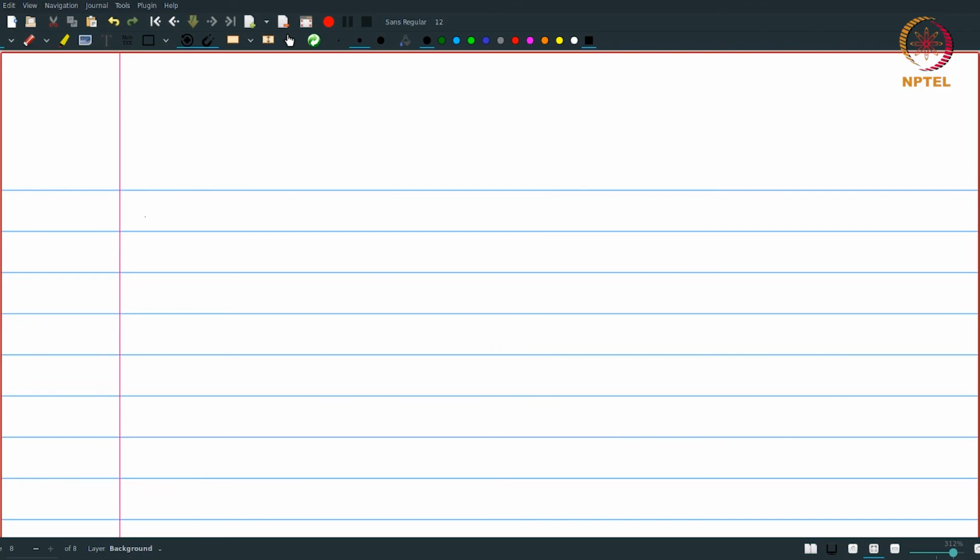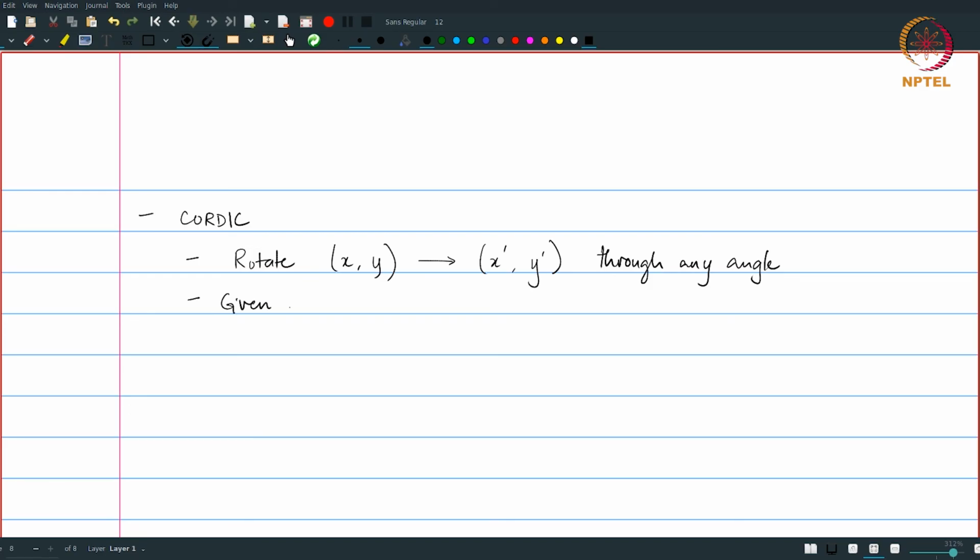So what we can see over here is that CORDIC can be used to compute the rotation of an xy coordinate to x prime, y prime through essentially any angle. Or, given xy, estimate or compute the angle it corresponds to.